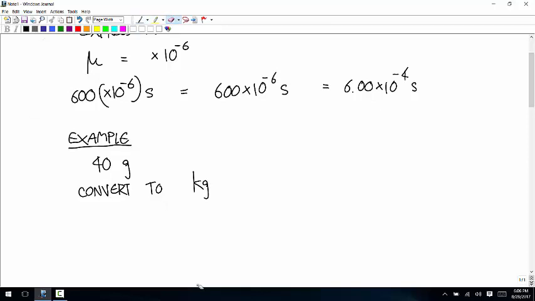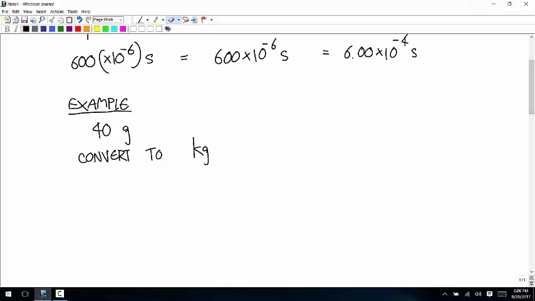So to do that, you have to recognize that there's this equivalence: 1 kilogram is equal to how many grams? Well, 1,000. You can just replace that prefix with the number. That's 1 times 10 to the 3rd grams. And then you can just do it like a unit conversion.